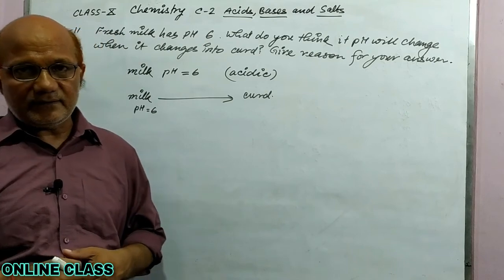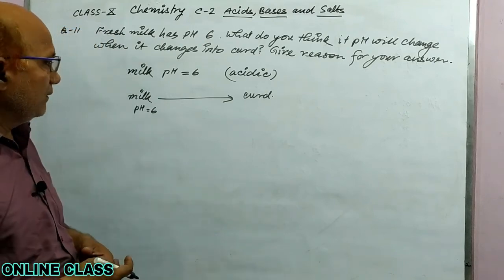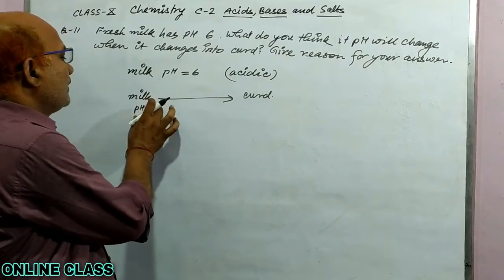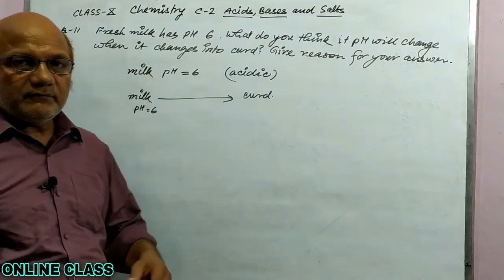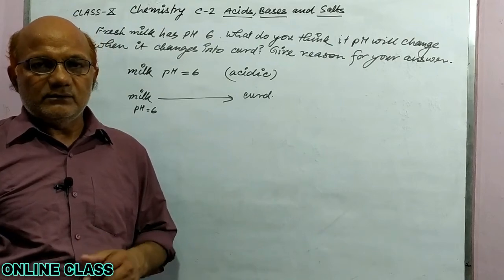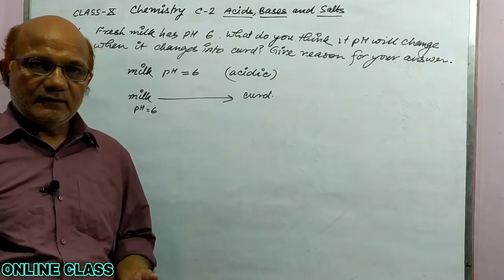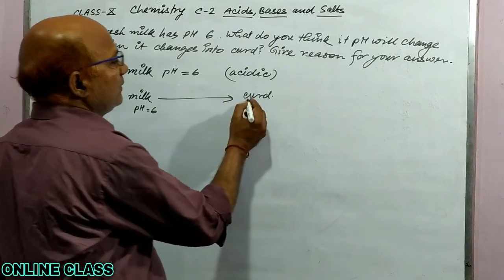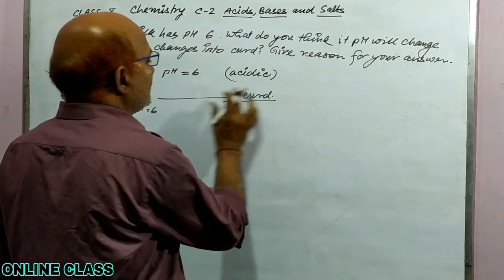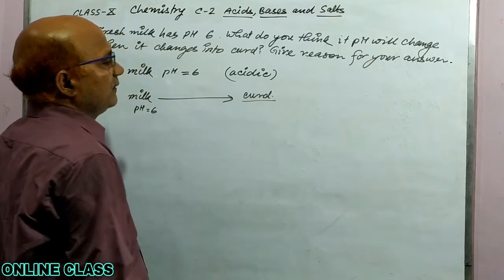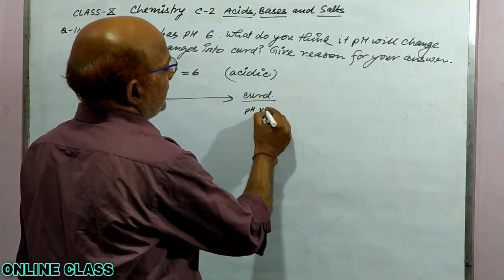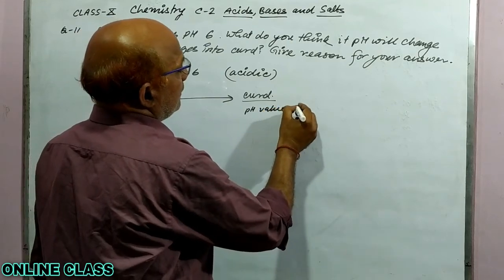Can you guess it? Its pH will decrease because it is already acidic, and when some acid is added to it, then its pH value gets decreased. Okay. So curd has less pH value because it is more acidic. So its pH value decreases.